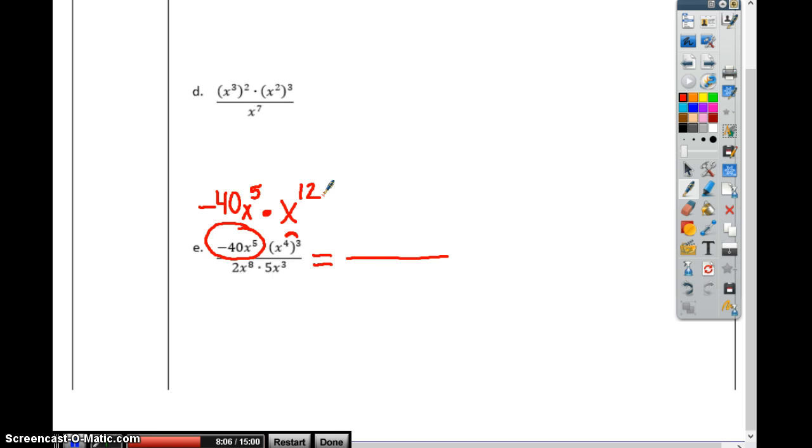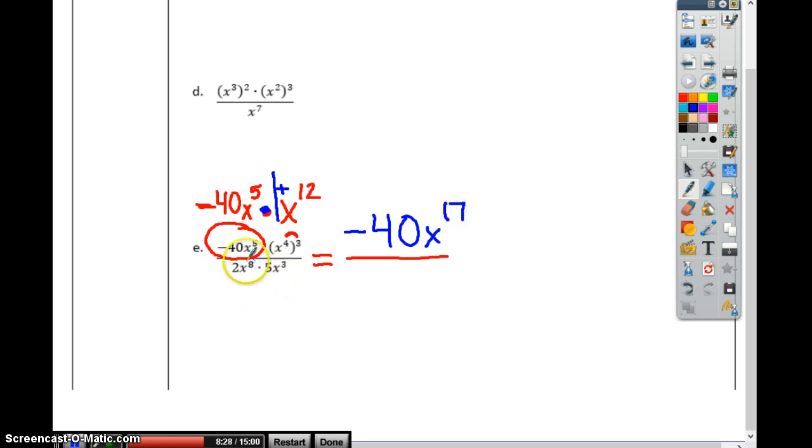Now, negative 40, and remember, what's our coefficient to x? We have that 1. So negative 40 times a positive 1 is still negative 40. How many x's do I have? Well, now we're 5 and a 12. We're going across. We're multiplying. We add these together, and we get 17.